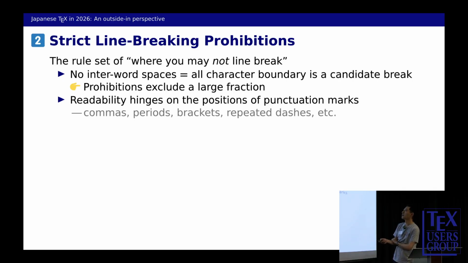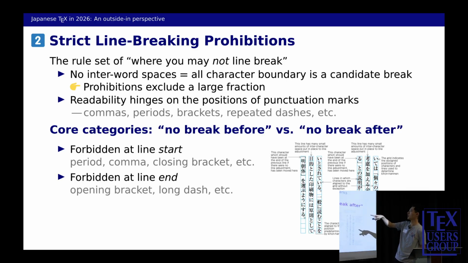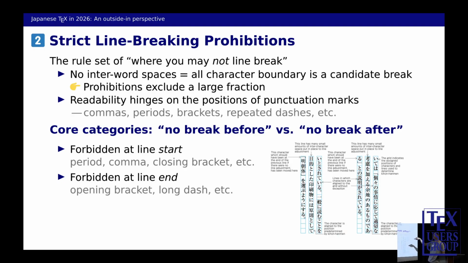There are mainly two types of them. The first category of prohibition is no break before, and the second type is no break after. For instance, symbols like periods, commas, punctuation and closing brackets cannot come at the beginning of a line. I think it also applies to English, but those are the first half of the categories.